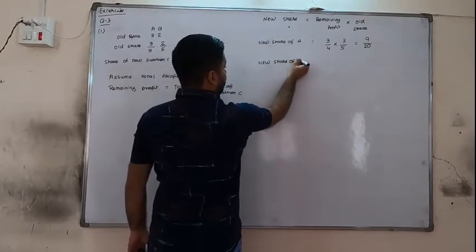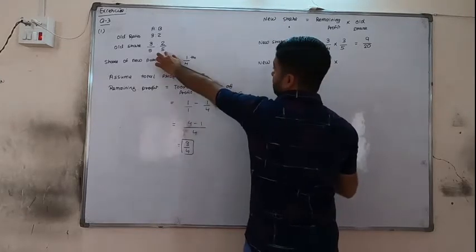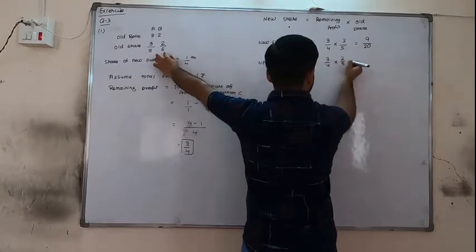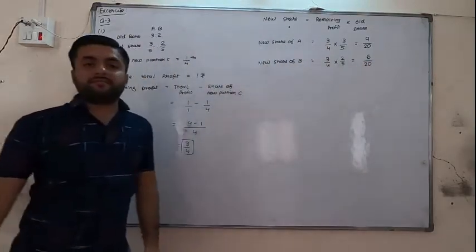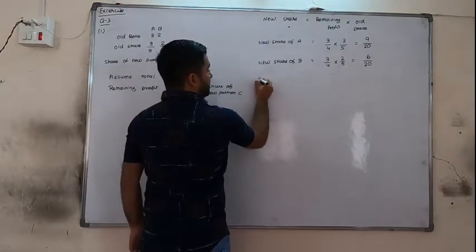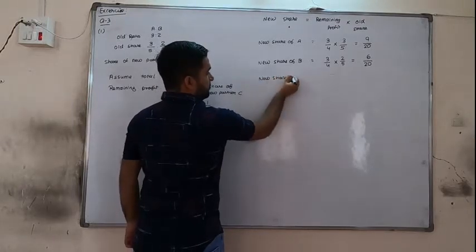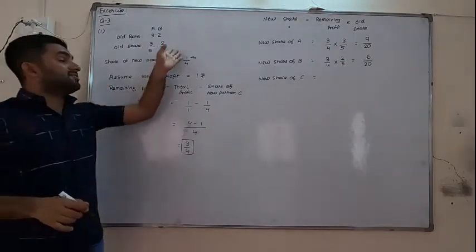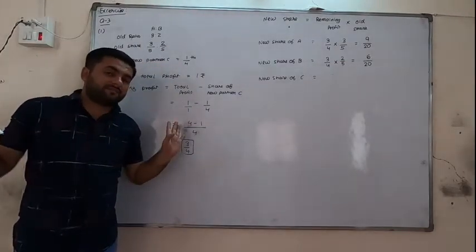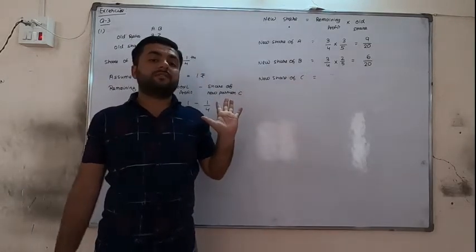Then new share of B. Again the remaining profit is 3/4. Old share of B is 2/5. 3 2s are 6, 4 5s are 20. Now again one more partner is there. New share of C. C's old share is not there, so the remaining profit also will not be there.